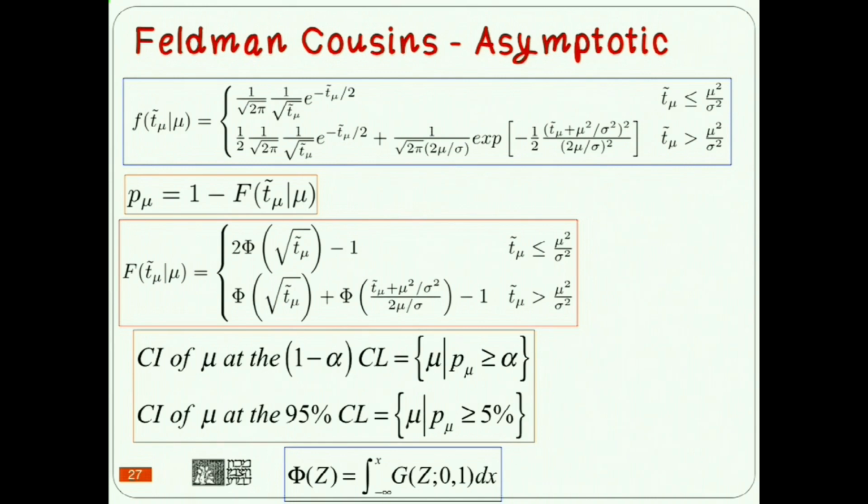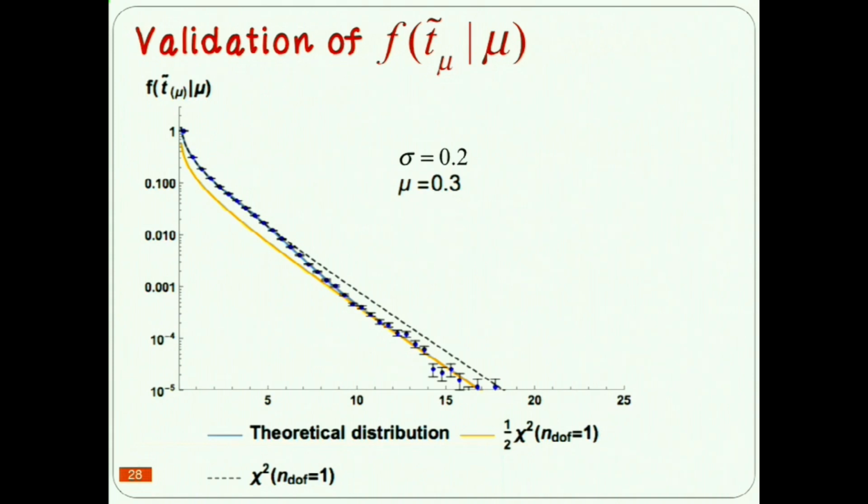Mu is a true parameter space at the 95% confidence level, meaning all mu that actually satisfy p-value greater or equal 5%. So using the asymptotics, first of all, let's generate it just to get a feeling. If I take, for example, mu true equal 0.3 and sigma 0.2, and I generate the Wald, I get that all the results lie between chi-square with 1 degree of freedom and half a chi-square with 1 degree of freedom.